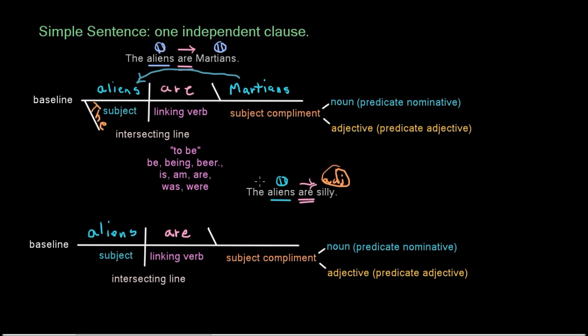We have silly aliens. The adjective refers back to aliens, and the slanted line is pointing back towards the subject. And silly is giving us a little more information about our aliens.